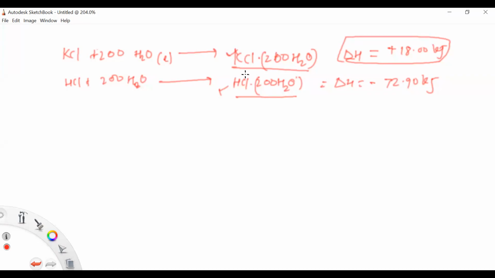Therefore this difference is very important, heat is evolved or heat is absorbed, and it depends on what kind of solid is used for dissolution. This heat change occurs when a specific quantity of solid is dissolved into a specific quantity of solvent under specific conditions of temperature.